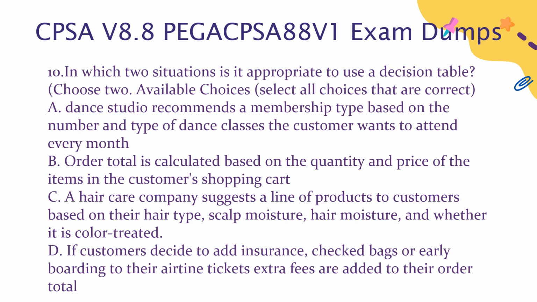C. A hair care company suggests a line of products to customers based on their hair type, scalp moisture, hair moisture, and whether it is color-treated. D. If customers decide to add insurance, checked bags or early boarding to their airline tickets, extra fees are added to their order total.